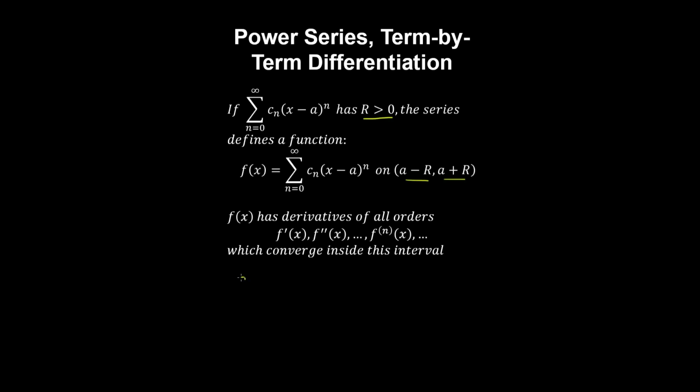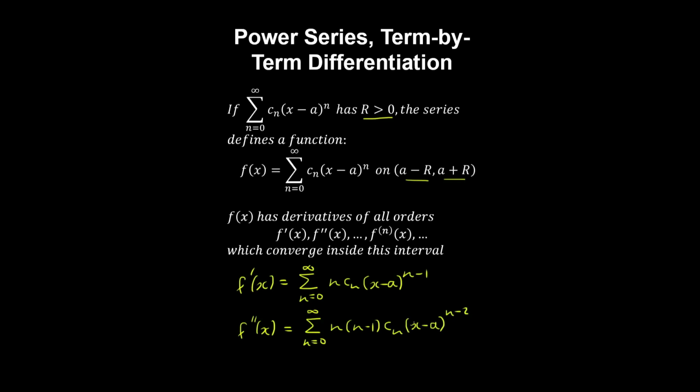Now if we differentiate the series term by term, we obtain the following expression. And differentiating again, we obtain the following expression. And note when n equals 0, this expression is 0, so we can sum from n equals 1.